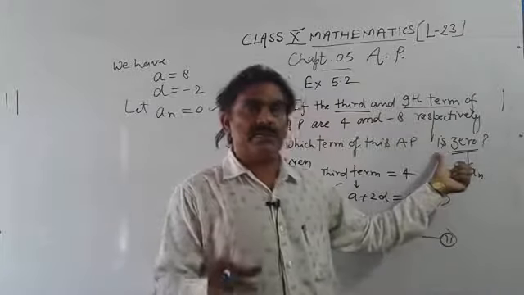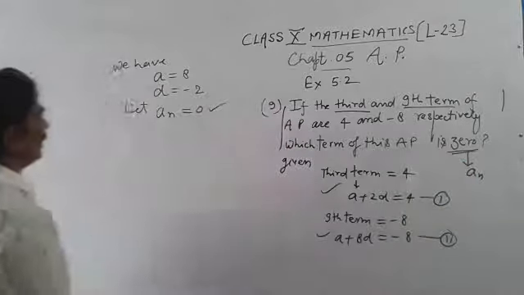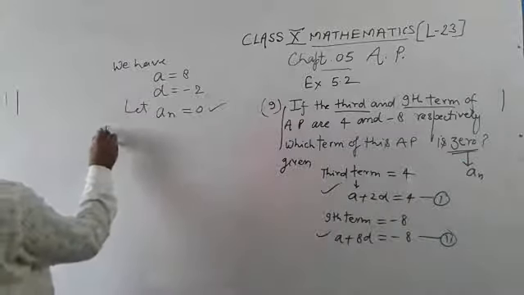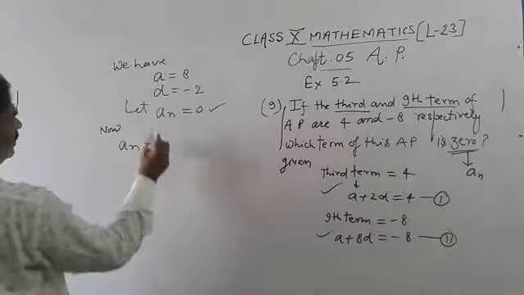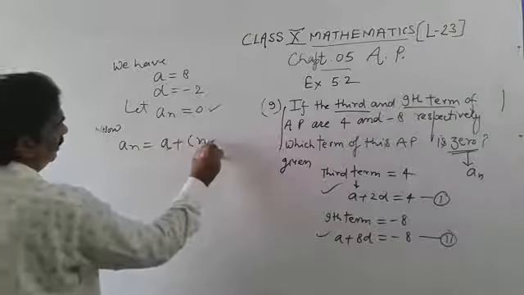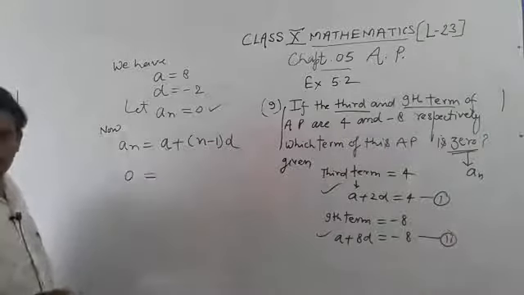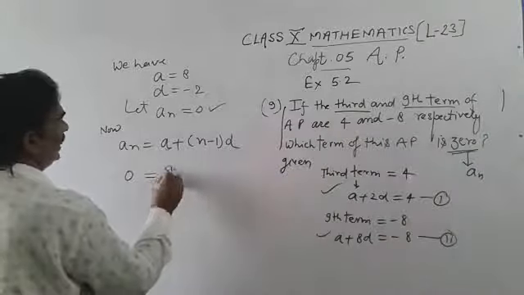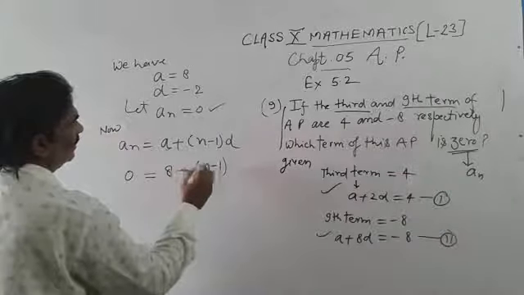So we have supposed that an, the nth term of the AP, is 0. Now using the formula an is equal to a plus n minus 1 into d. an is 0 here. a means the first term, 8, plus n minus 1 multiplied by d, d is -2.